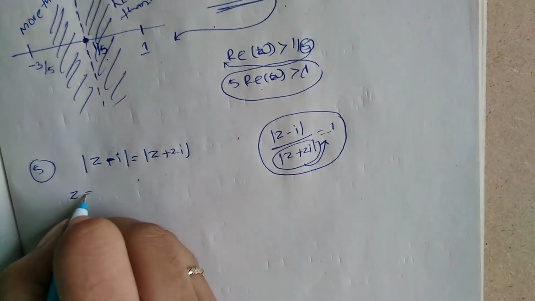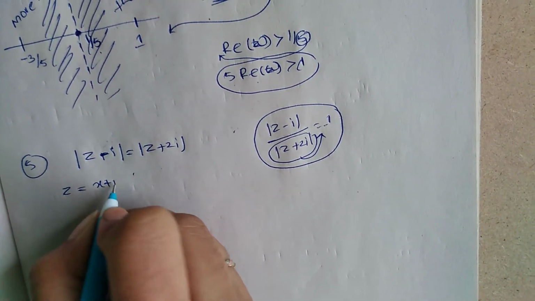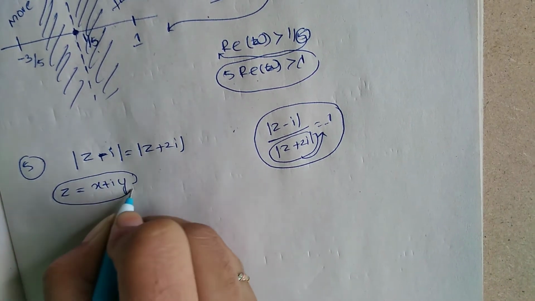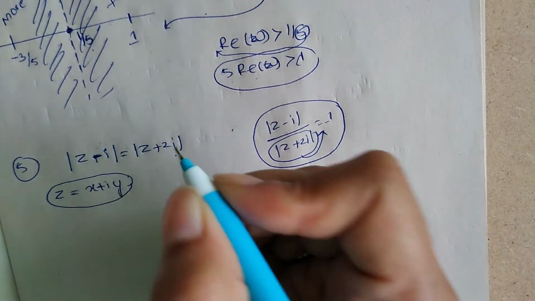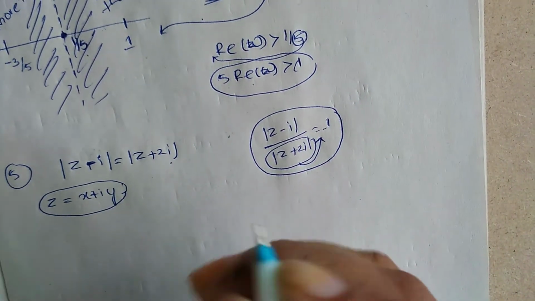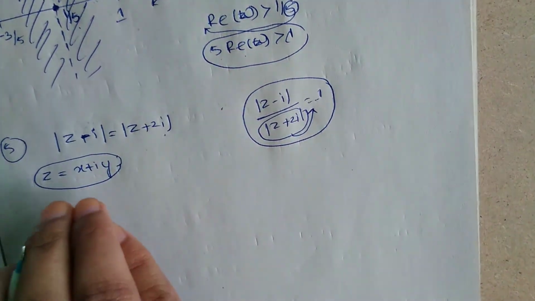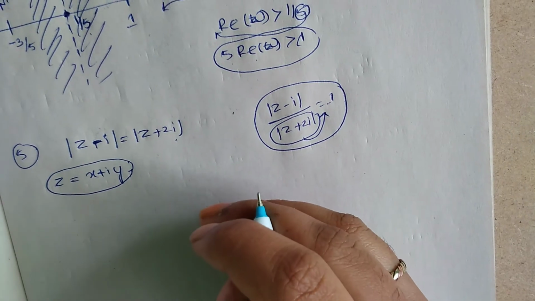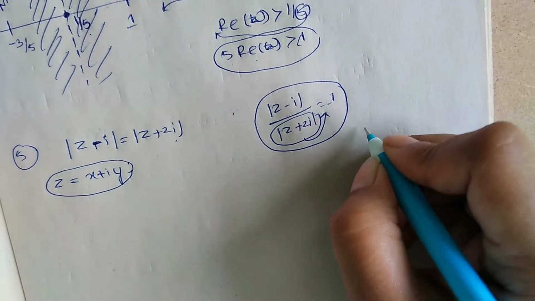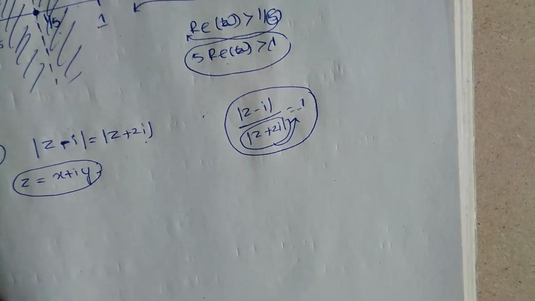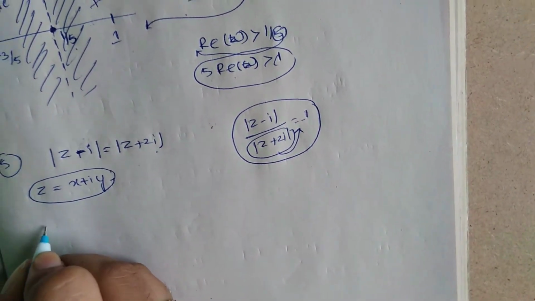Now what I'll do is I'll take z as x plus iota y. If I take x plus iota y and substitute, then square, then cancel, we'll get the value of something or the other, x or y. Then if we substitute in the other condition given in the question, we'll get the other value and we can find the required value also. Yes or no? So what do you get?